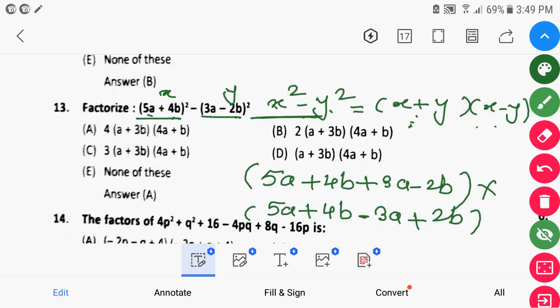Now what you get: 5a plus 3a becomes 8a. Okay. And this 4b minus 2b becomes plus 2b, multiplied with 5a minus 3a, 2a, and 4b plus 2b becomes 6b.